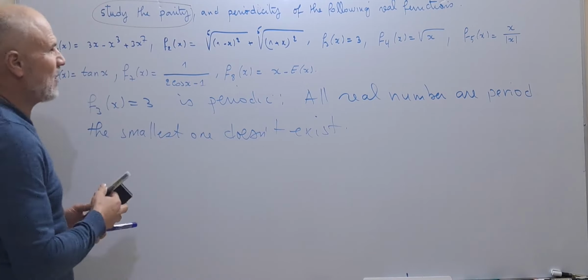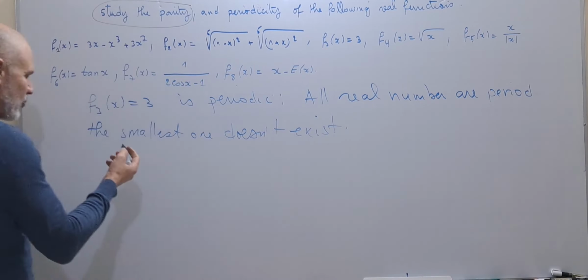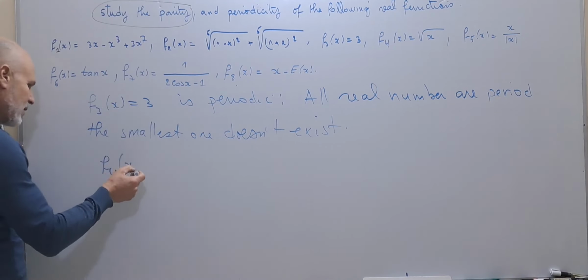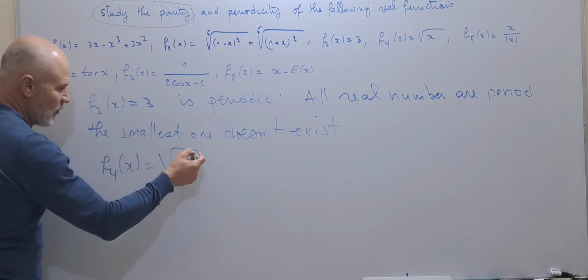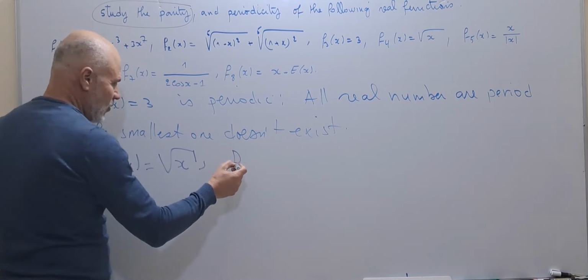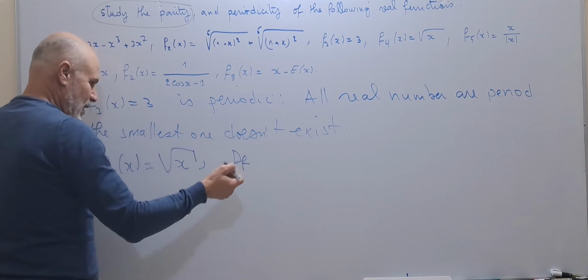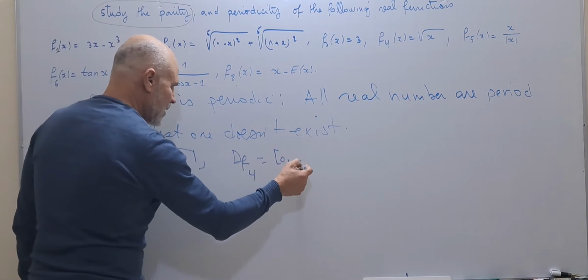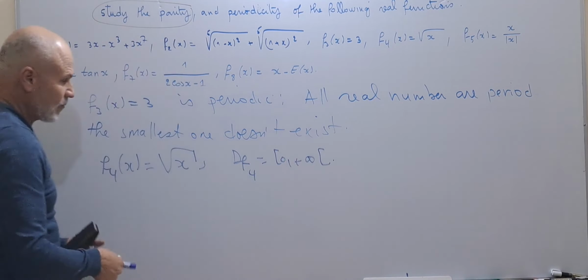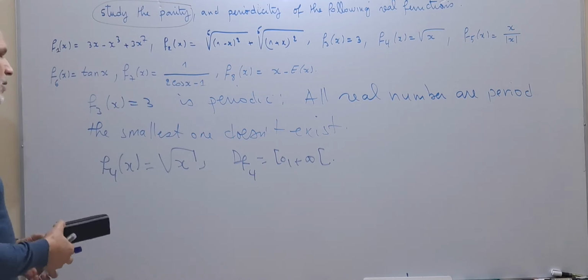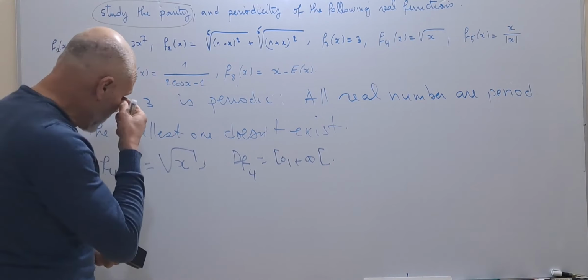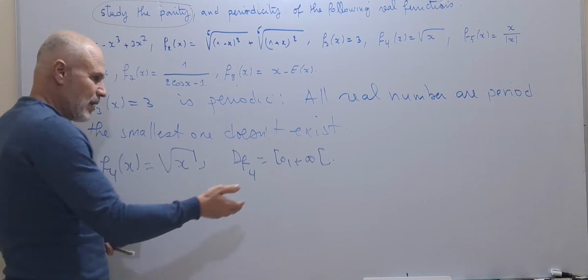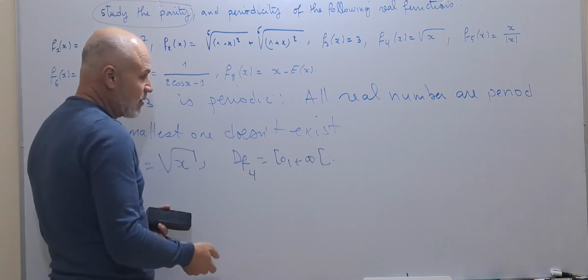How about f4 of x, which is equal to the square root of x? The domain of definition is 0 to plus infinity. It cannot be periodic, since we have a problem with the negative real numbers.